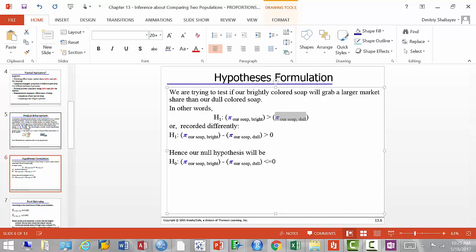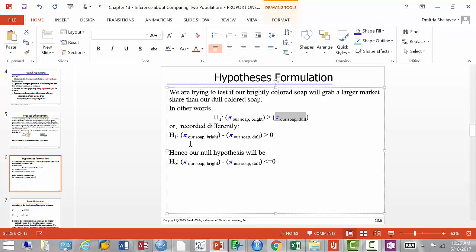So since we discussed that everything we do has to be formulated in terms of difference, pi 1 minus pi 2, I have to modify this. Very simple, right? By subtracting the proportion of the dull soap sales from both sides, on the left side I'm going to have the difference between the bright and the dull, and that's supposed to be greater than 0, right?